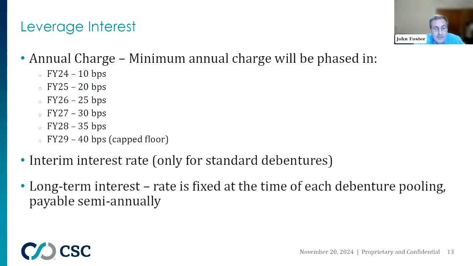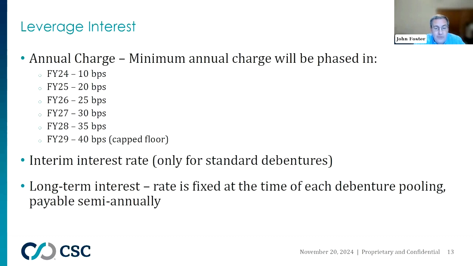Actually, you're going to end up paying 2 rates during this time period. From the time when the distribution takes place, when you take the cash proceeds, up until the pooling date, there is one interest rate.